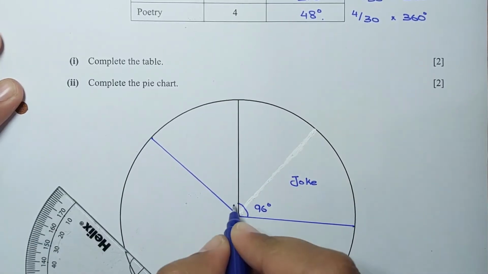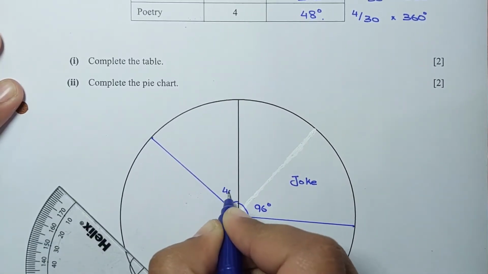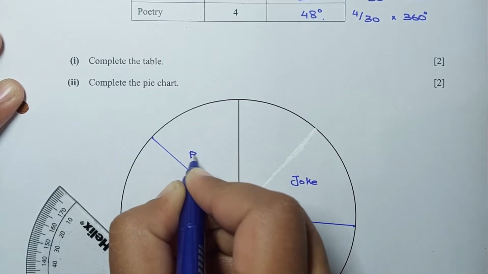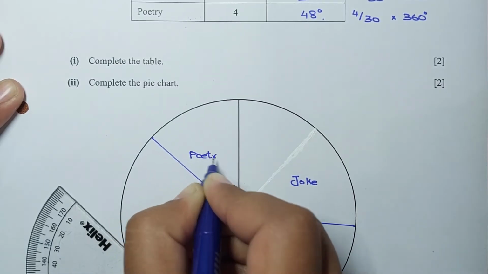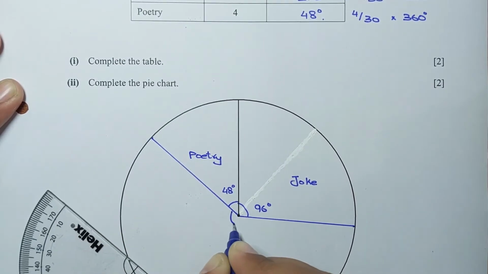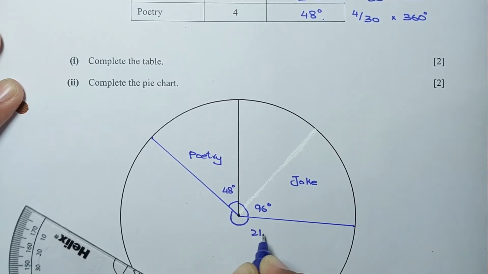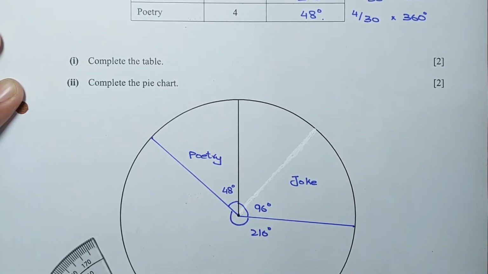Right, this is 48 degrees. This is for poetry, and the rest is 216 degrees. This is for puzzle books. Right.